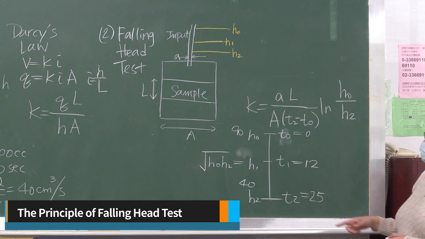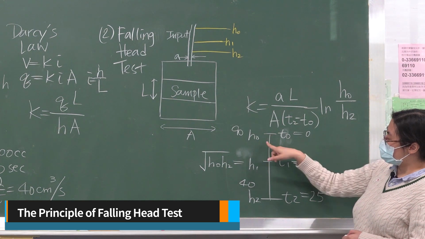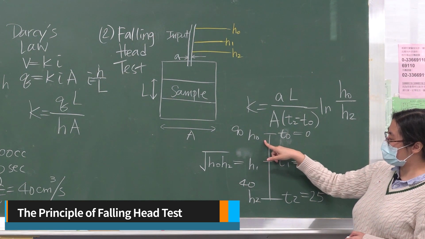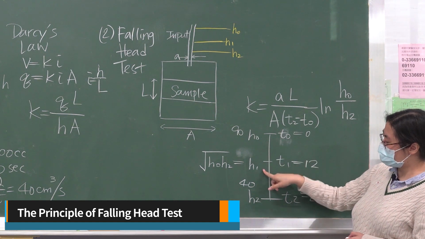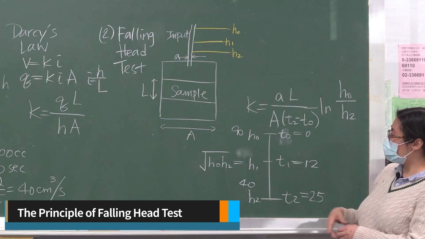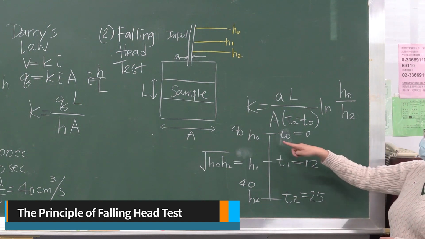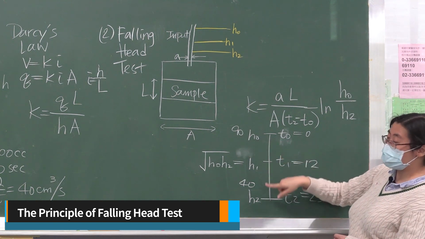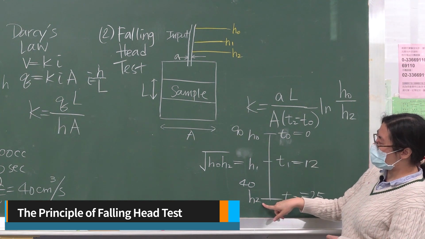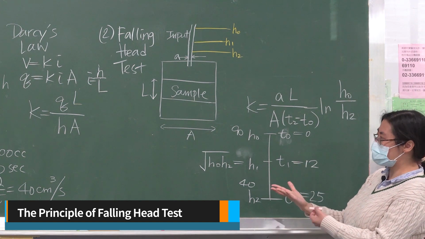Suppose that originally the head is at H0, and after a certain time it is at H1, and a certain time later it will be at H2. So you have to predetermine these three values: H0, H1, and H2 are values that you pick before the test.